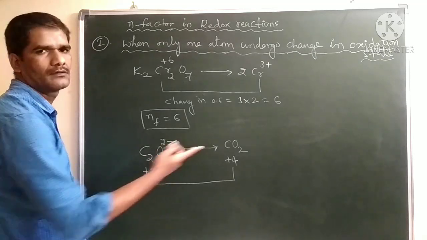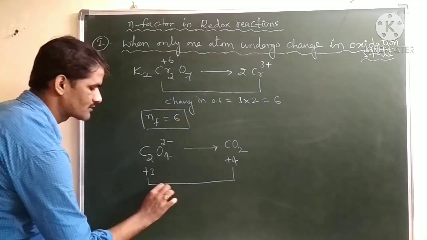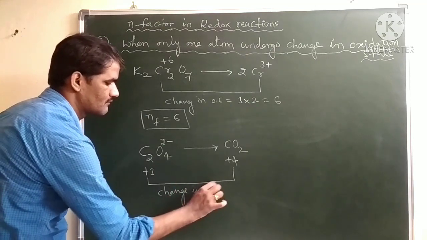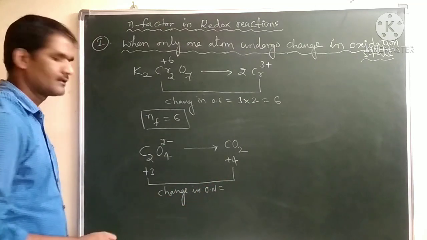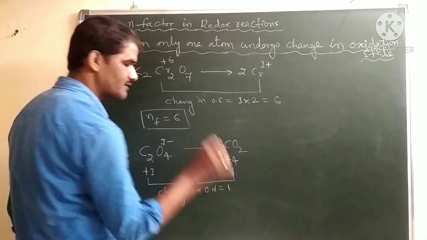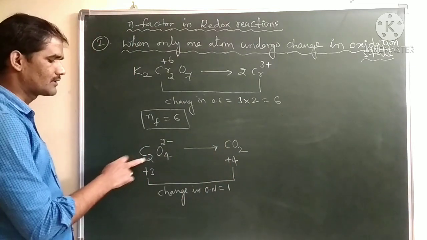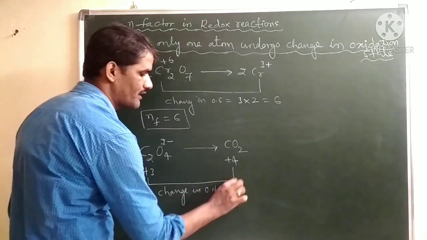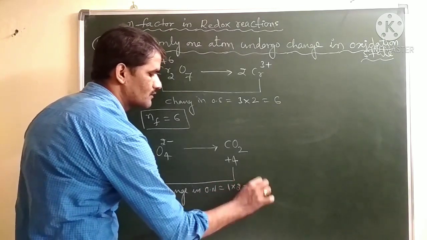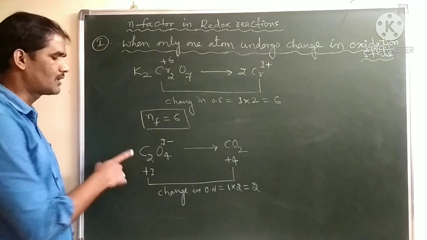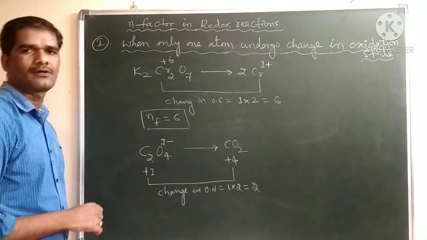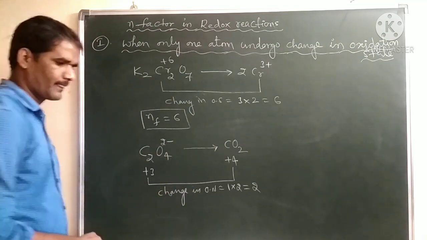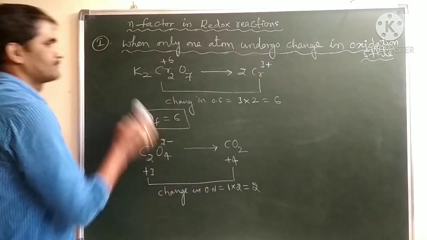The change in oxidation state is 1, but this molecule contains 2 carbon atoms. 1 into 2, so N factor is 2. So per molecule 2 electrons are transferring, so N factor is 2.